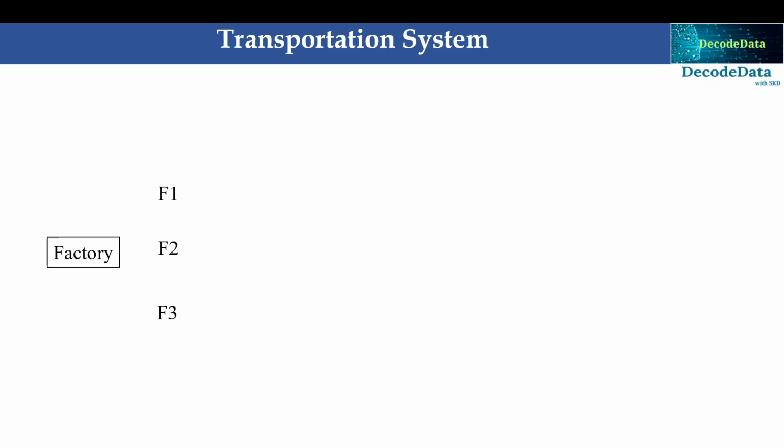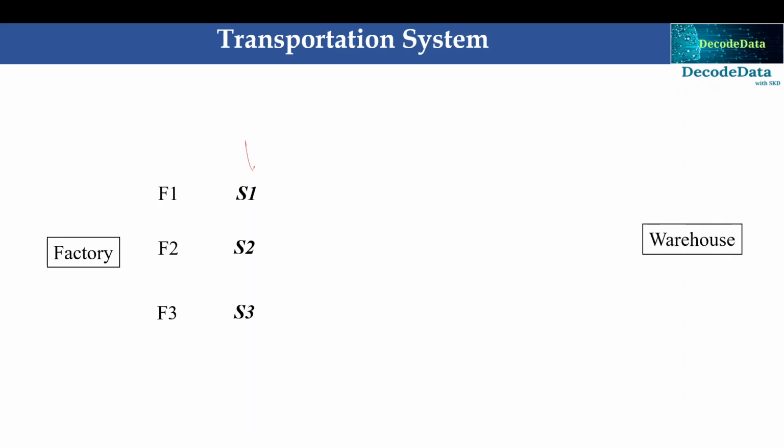So one might be in Bangalore, one might be in Hyderabad, one might be in Delhi, right? And because I have a factory, the factory will have some certain production, right? So production will be say S1, S2 and S3. So factory 1 will produce S1 units, factory 2 will produce S2 units, and factory 3 will produce S3 units, right? So this is basically the production that I have, fine.